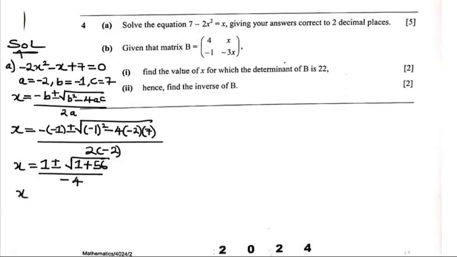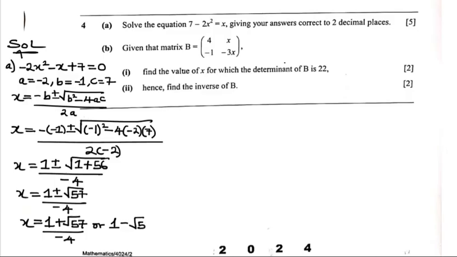So now, in the square root, 1 plus 56 gives positive 57, over negative 4. Here we can separate the plus or minus. So this is going to be 1 plus square root of 57 divided by negative 4, or 1 minus square root of 57 divided by negative 4.